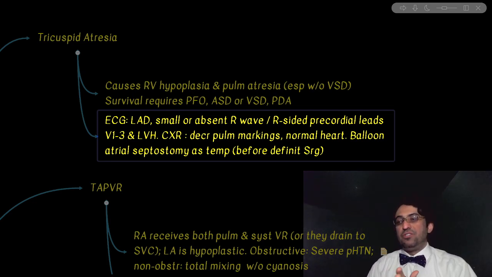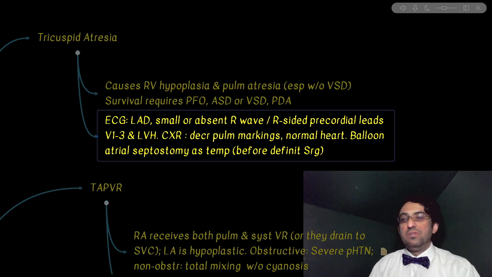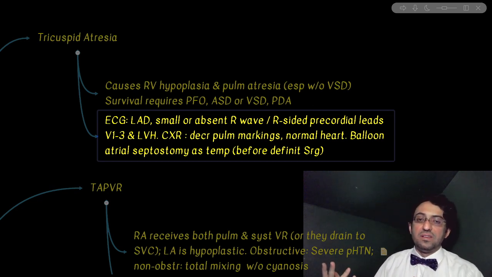Now, even though we mentioned that patent foramen ovale can function as a physiologic means of survival, what is the general management approach to tricuspid atresia? We usually need a balloon atrial septostomy as a temporary measure before the definitive surgical intervention.